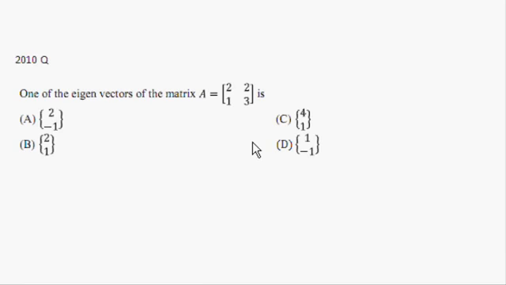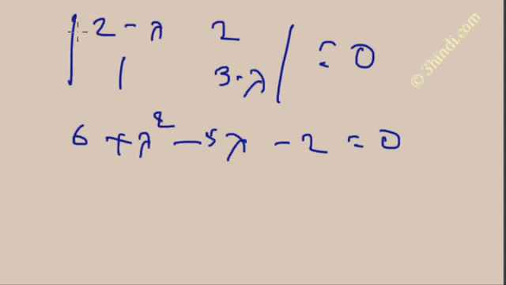This is a 2010 question. One of the eigenvalues of matrix A is given. To find the eigenvectors, you first need to find the eigenvalues, and the procedure is the same. Put lambda in the diagonal elements and set the determinant equal to 0.